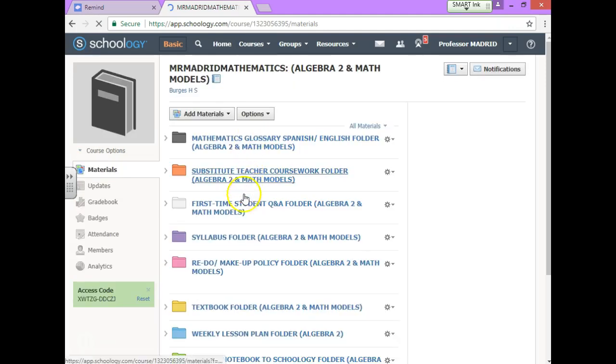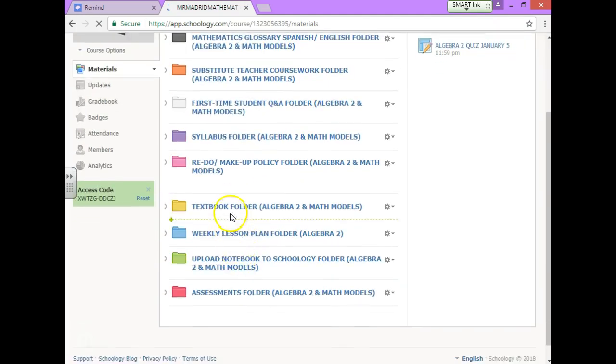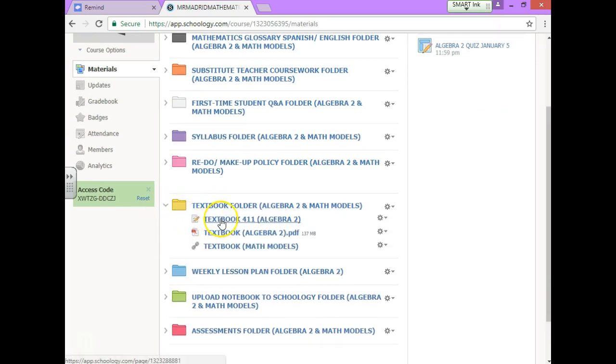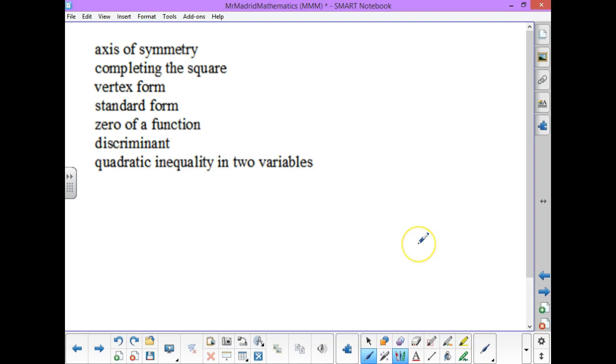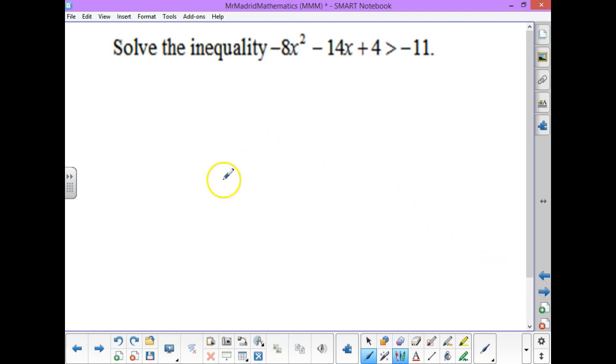So here's your class. Here's the textbook folder. If I click here on the side, here's textbook information. Here's the textbook itself. If I click it, it takes a while, but it'll open up the whole PDF. You can look for that vocabulary in the glossary, and that's the whole semester. If you have questions, come see me.